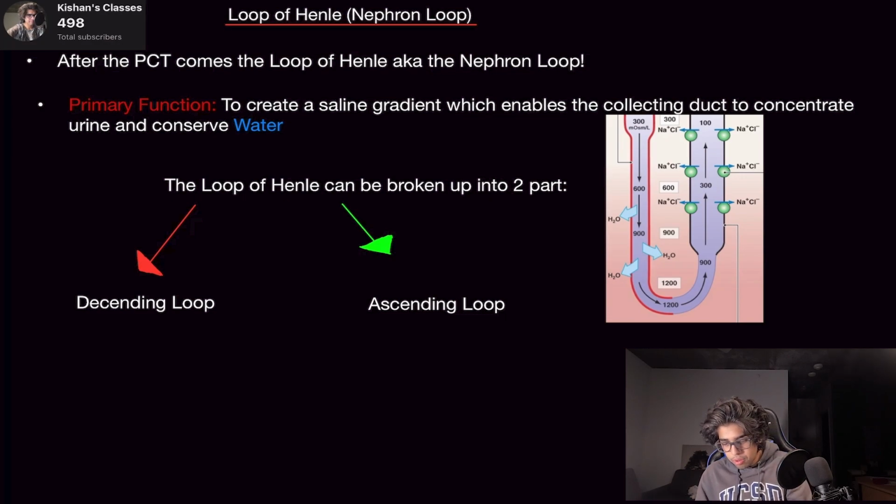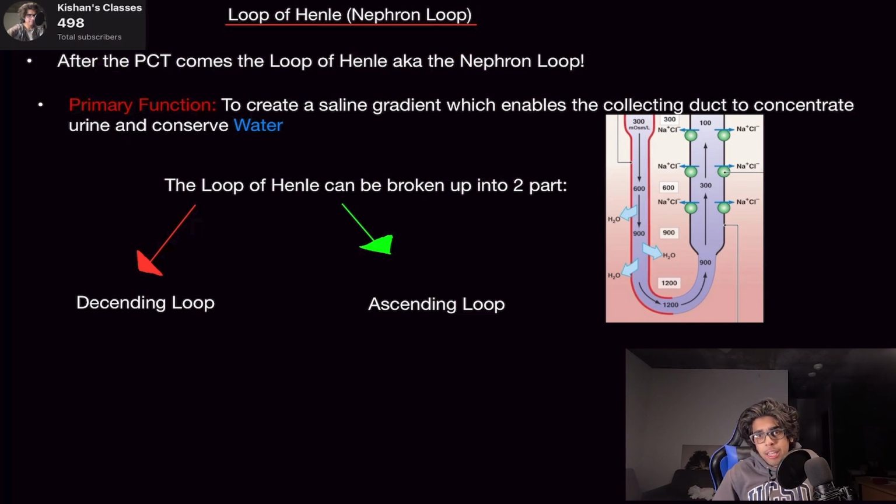The reason we do this is for the future parts of the nephron, the DCT and the collecting duct. In the next videos, we're going to go over the DCT and the collecting duct, and what we're doing here is basically setting up for that part. That's the thing you need to get here.